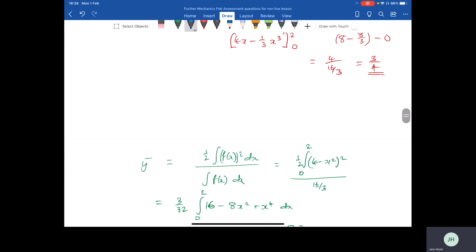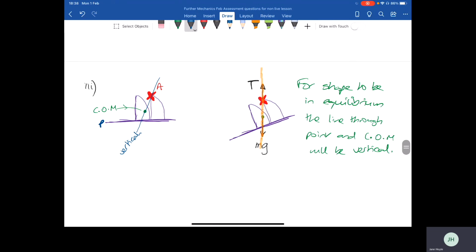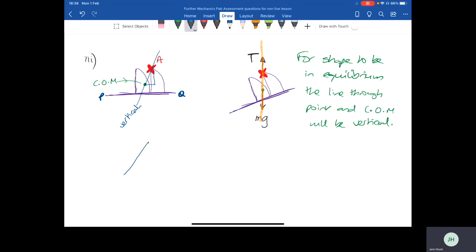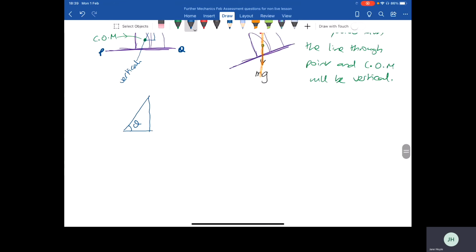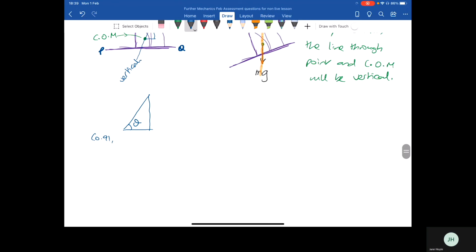The angle that PQ makes. So the angle that PQ was the rod here, wasn't it? So this is the triangle that we need to think about. So draw that triangle out again. There's my angle. Now I know that the center of mass, it's got a bit lost, is at 0.91, 0.832.